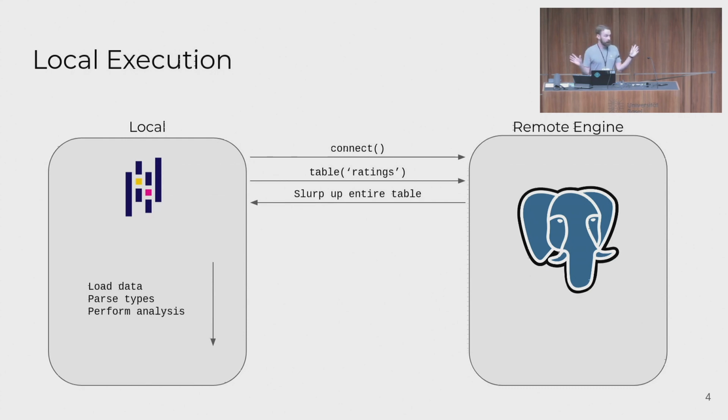This is fine, but it's doing a few things that could be better in a couple of ways. For one thing, if your laptop doesn't have enough RAM, this just doesn't work, right? If you're out of memory, you're done. Secondly, the thing on the right is usually pretty powerful, and you might be leaving a lot of performance on the table because Postgres is a lot faster at doing some things like aggregations and sorting.